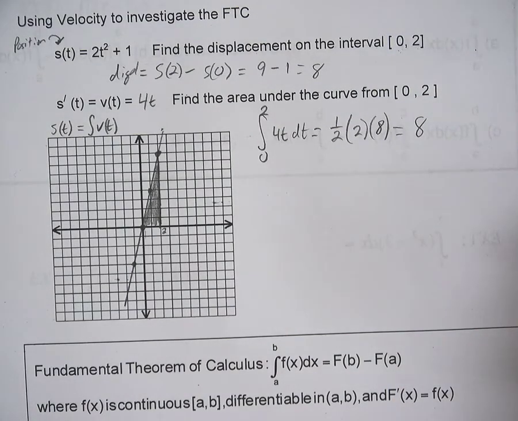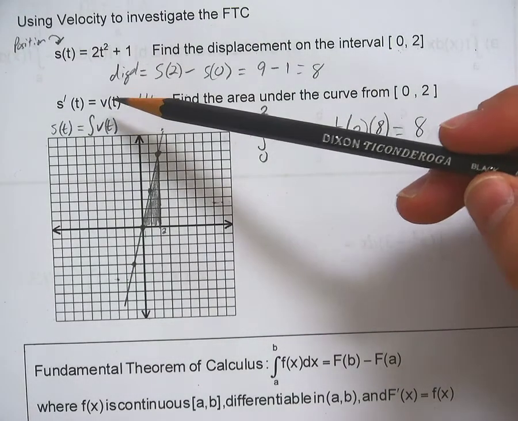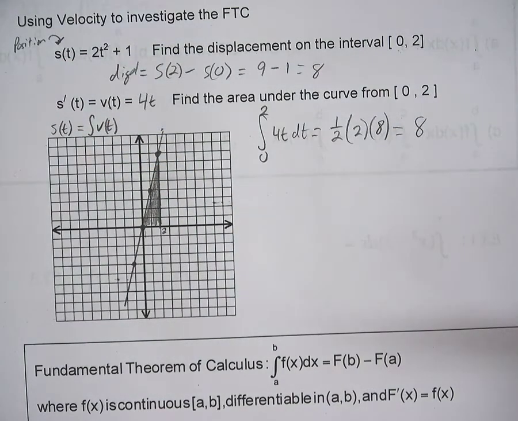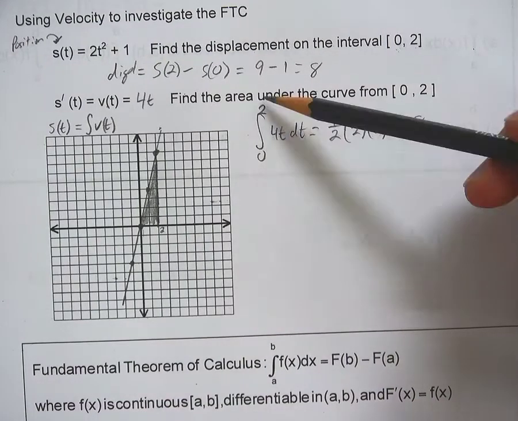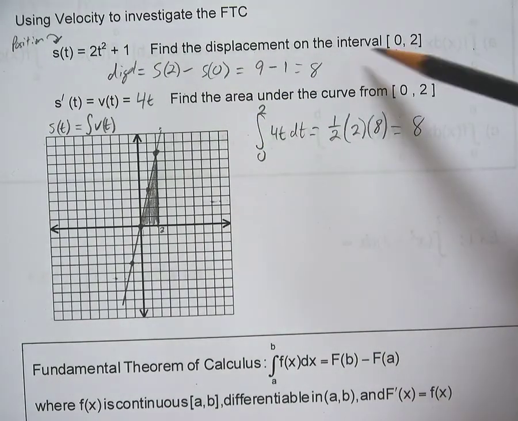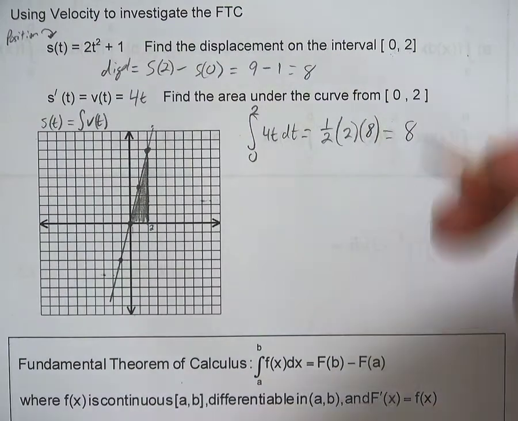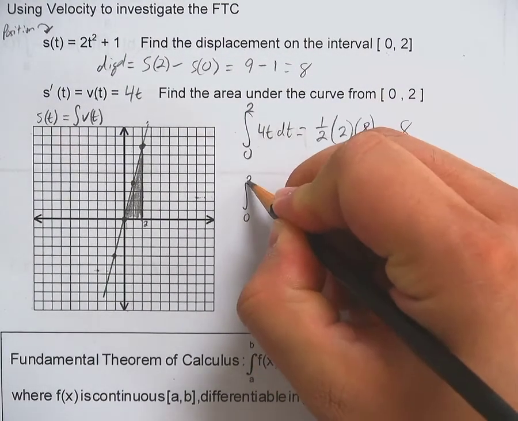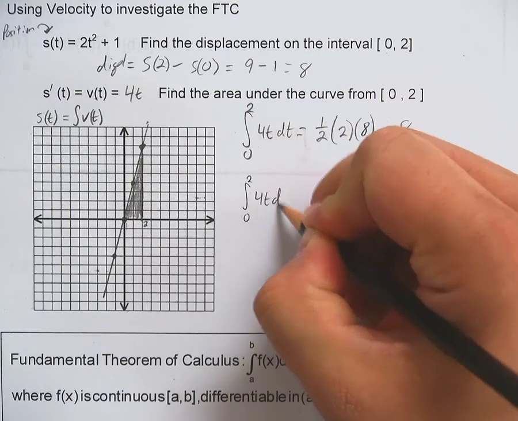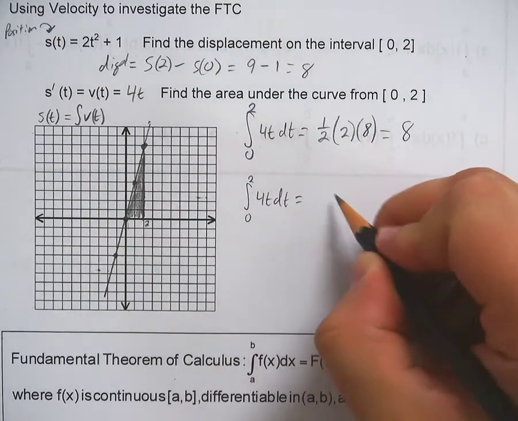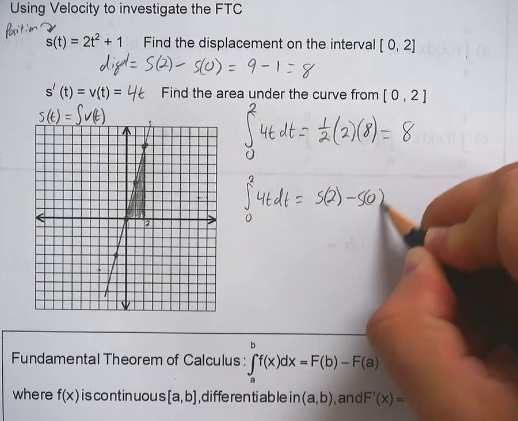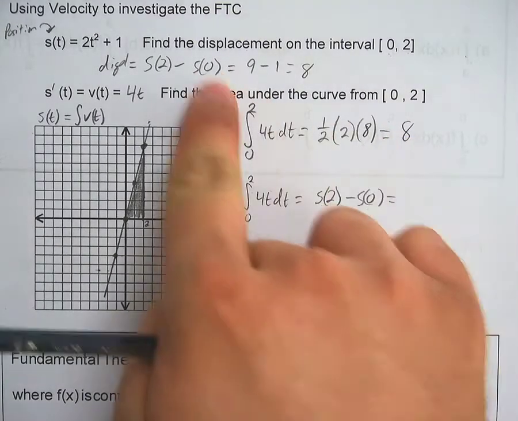The derivative of position is velocity, so the integral of velocity is position. Evaluated from 0 to 2. See, what they're saying here is that the integral from 0 to 2 of 4t dt is the same thing as s of 2 minus s of 0. This is the same as this.